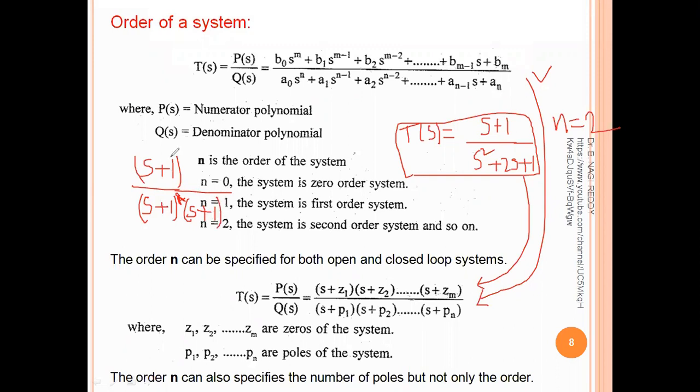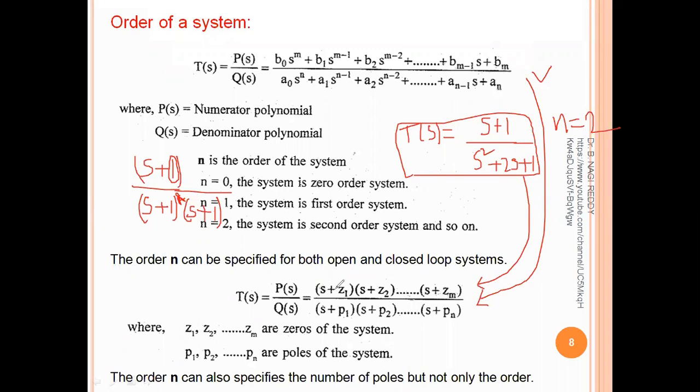Okay, now in the numerator, this 1 determines the zero. With the help of the numerator, if you factorize the numerator polynomial expression, then we will get the number of zeros.